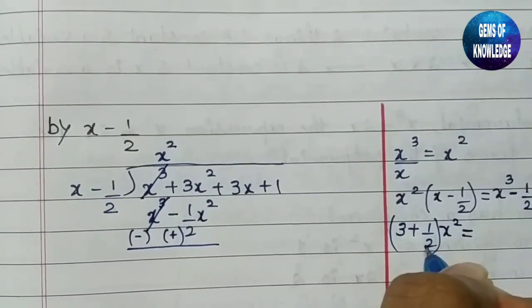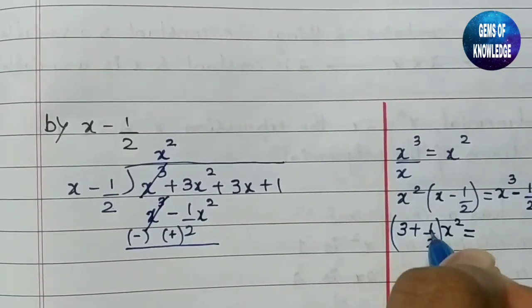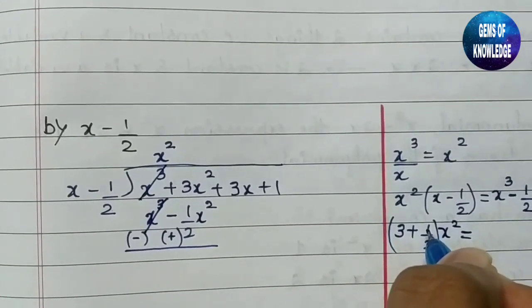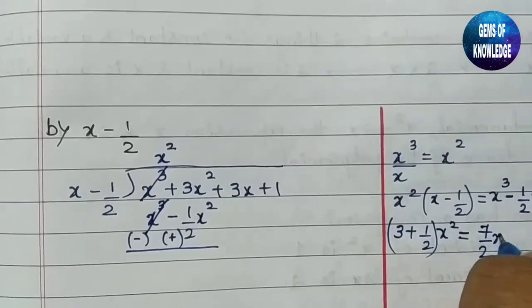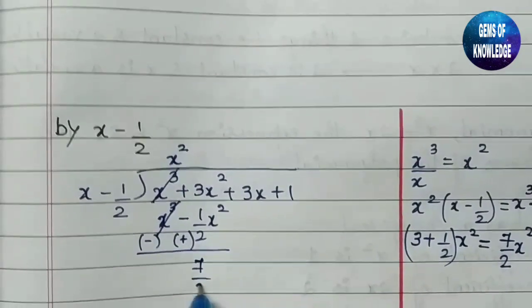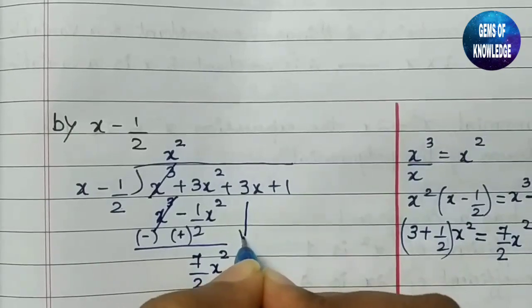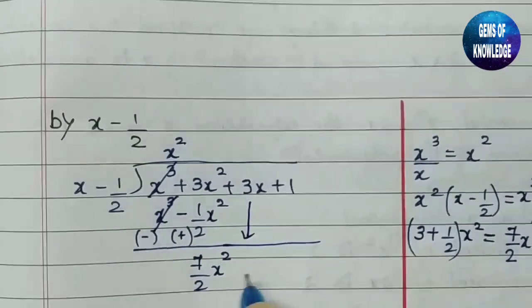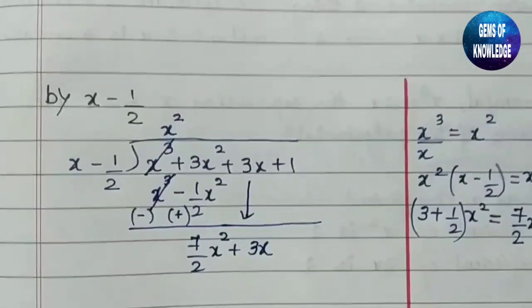You have to multiply this with this: 3 2s are 6, plus 1 we are getting 7 by 2, and x square will be as it is. So this will become 7 by 2 x square, and then this 3x we are going to keep below this, plus 3x.